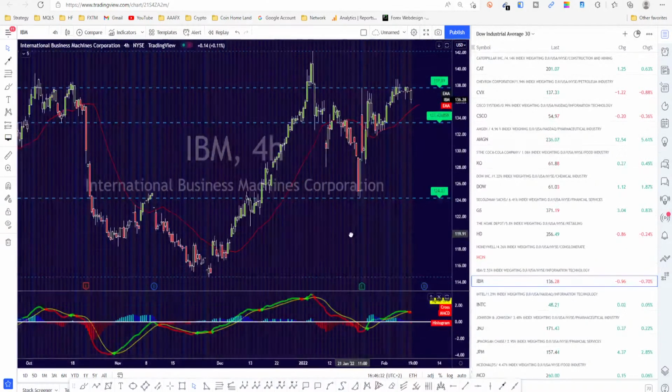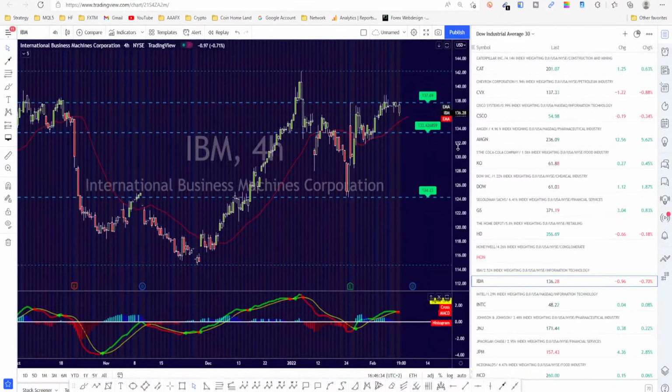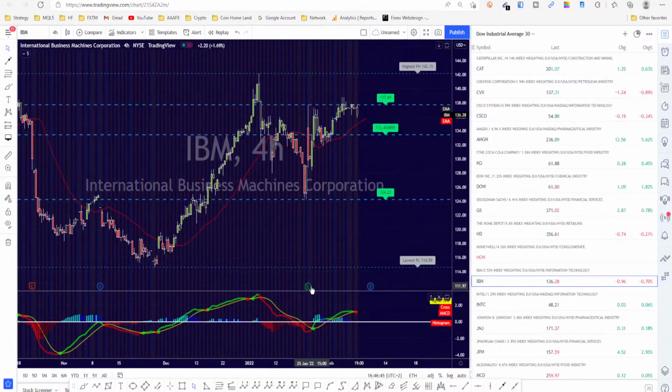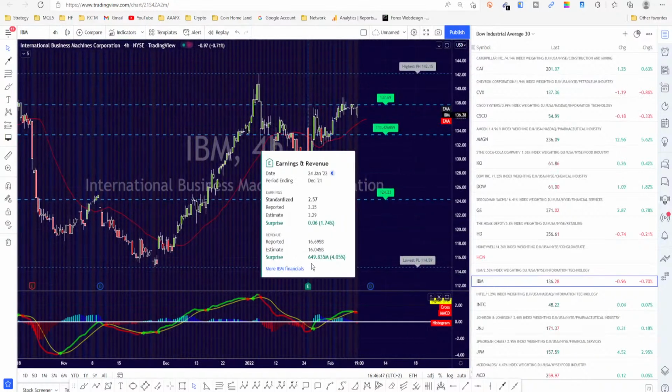IBM computer. Okay. So International Business Machines Corporation. Revenue, they surprised the expectation by 659 million, which is 4%.